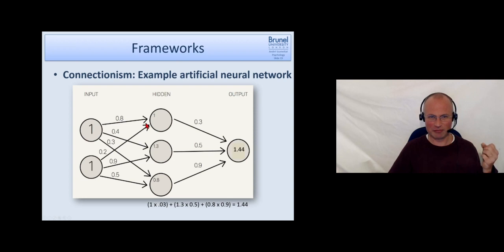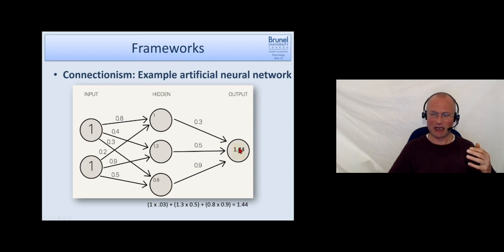It's really very basic mathematics in this sense: to determine the value of this neuron, you just calculate that. So we say 1 times 0.3 plus 0.3 times 0.5 plus 0.8 times 0.9 equals 1.44.